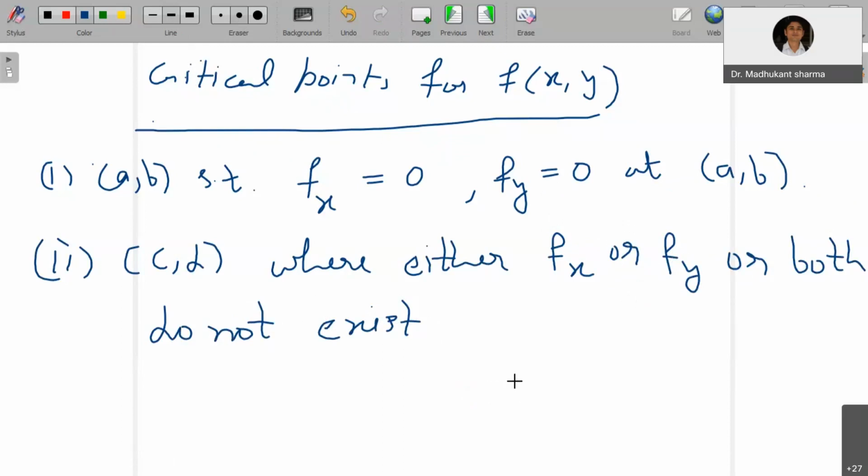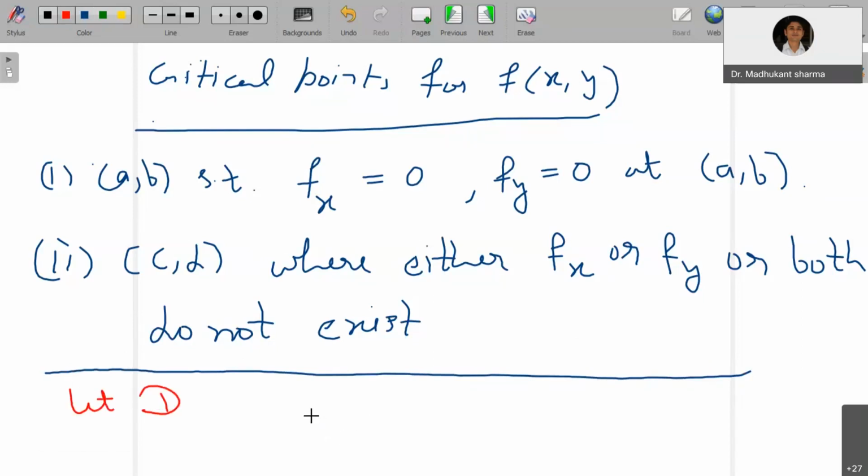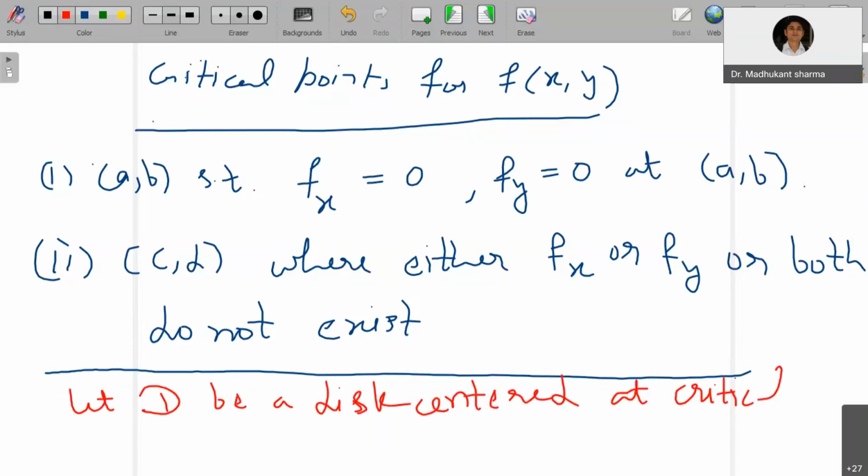Based on the nature of the function, we will decide whether the point becomes a local maximum or local minimum, based on the definition that you are able to identify an open disk D centered at the critical point, let's say (x0, y0), because we don't know which case it is.